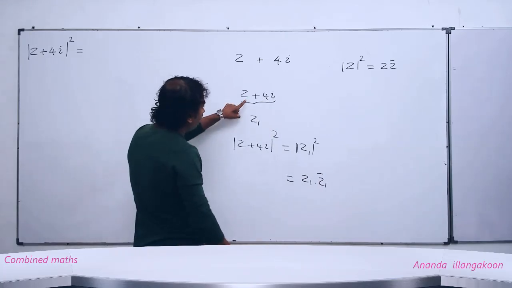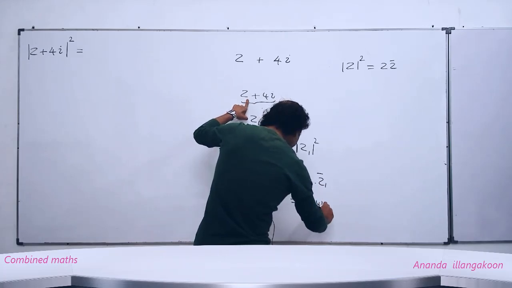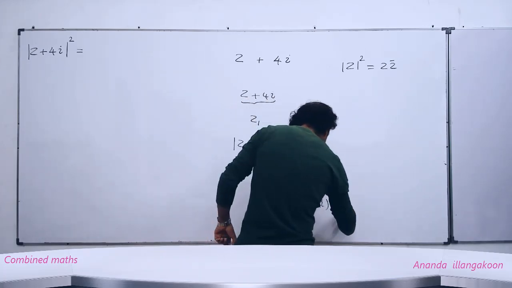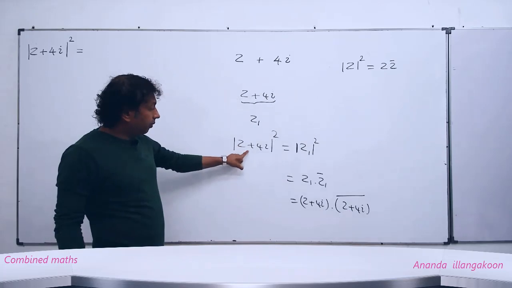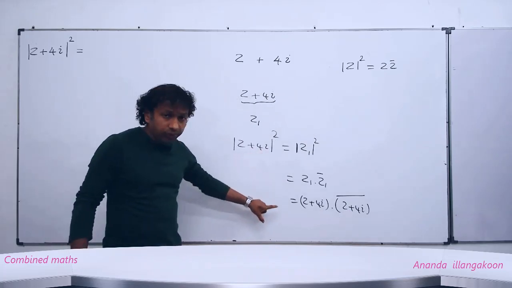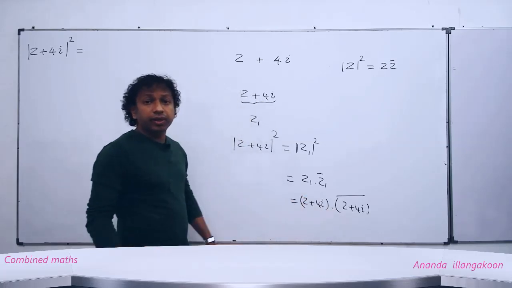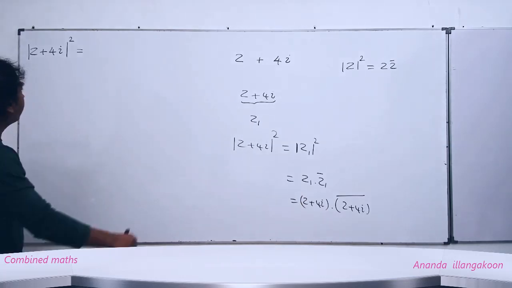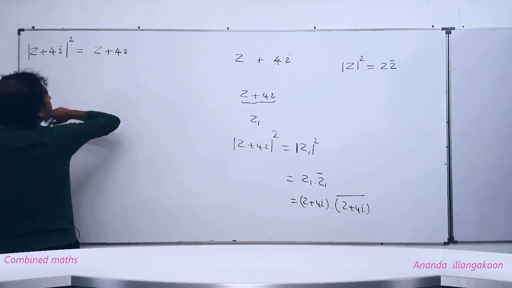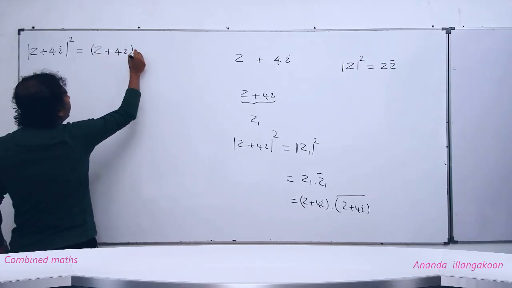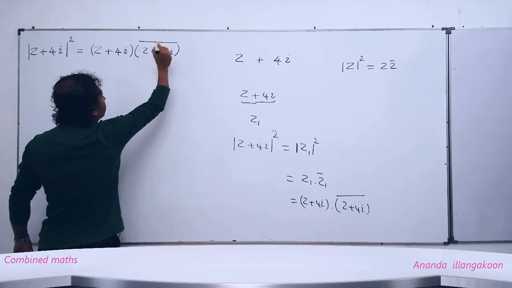Therefore z plus 4i into its conjugate. Then I can write z plus 4i modulus perfect square is equal to what, people? Z plus 4i, right, times z plus 4i conjugate. Understood? Right, no? Yeah. So then I can write this one z plus 4i into z plus 4i conjugate.